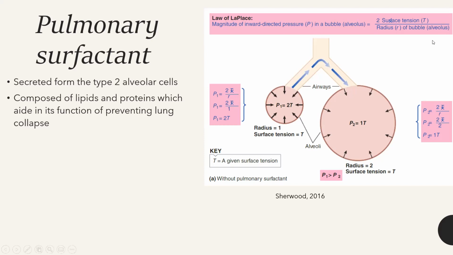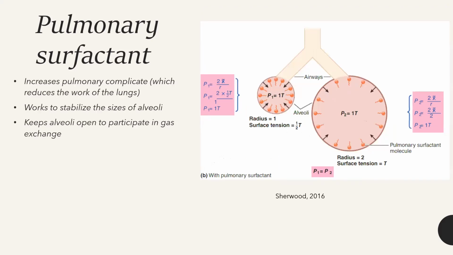And again, these pictures are just a physics representation of this force relationship in the alveoli. So again, pulmonary surfactant works to decrease the work on the lungs as we breathe.